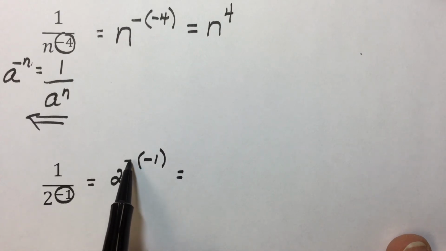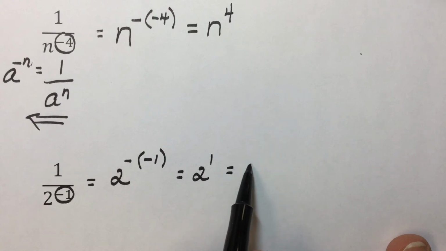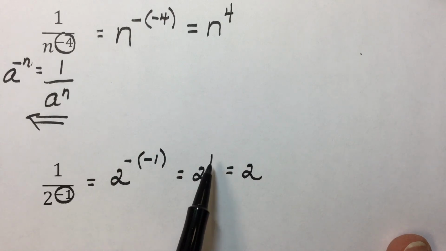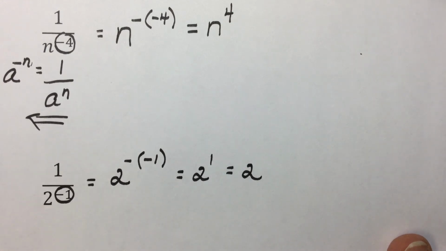Minus a minus, or a -1 times a -1, is 2 to the 1st power, or simply 2. And again, if you notice, we went from a base with a negative exponent in the denominator, ending up being equivalent to the base with that same exponential power in the numerator with a positive exponent.